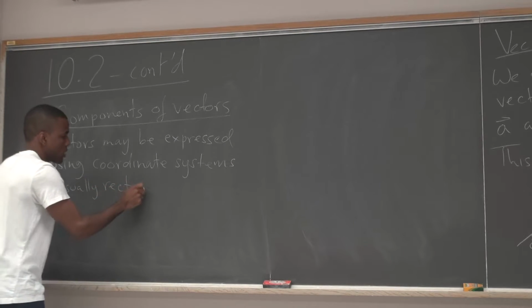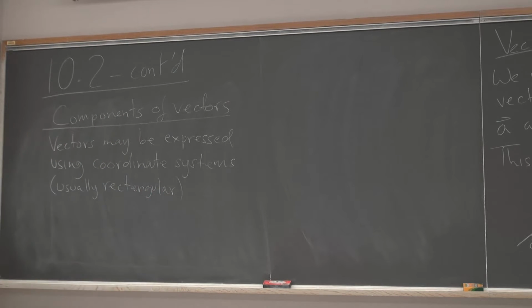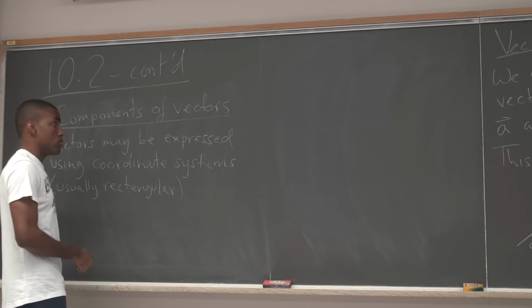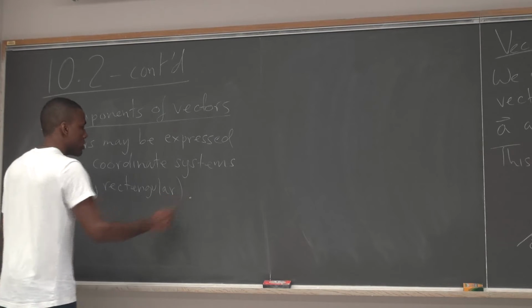We'll usually use the rectangular Cartesian coordinate system to represent vectors. In higher level mathematics that's not necessarily true, but we're going to always be doing this. So we represent it using coordinate systems.